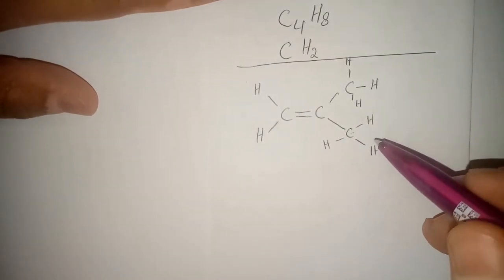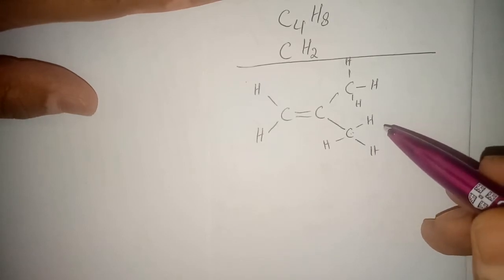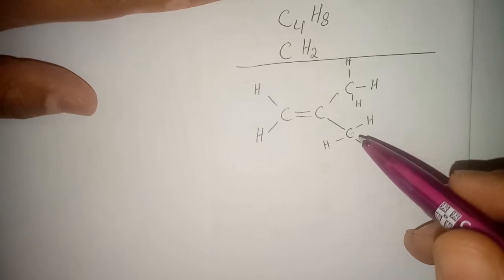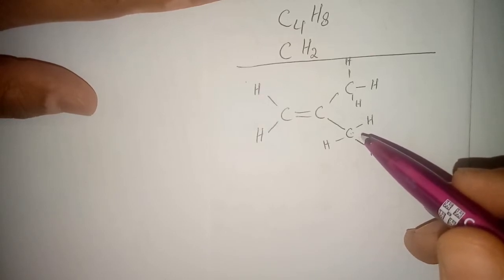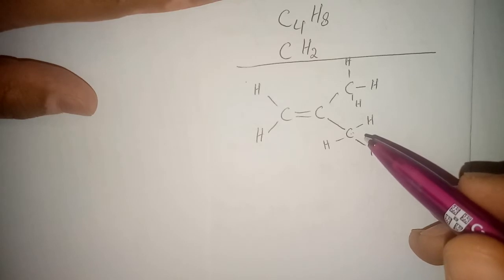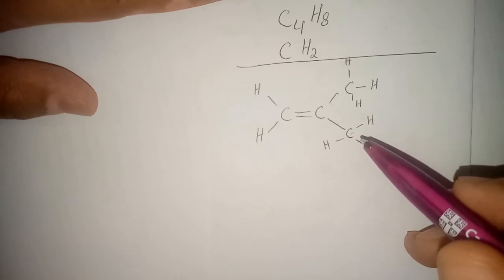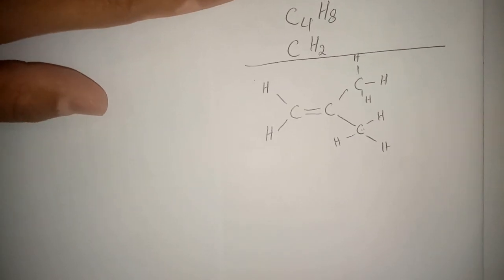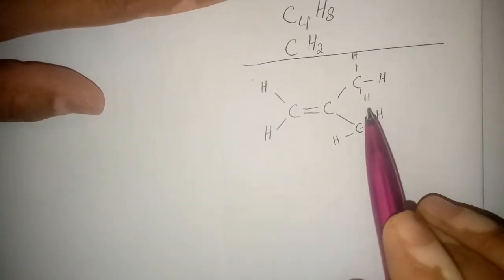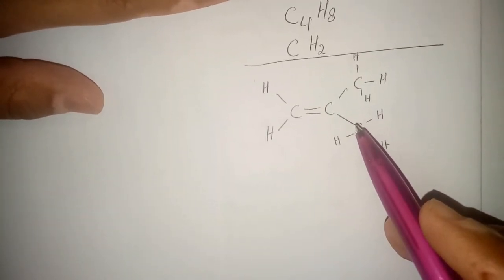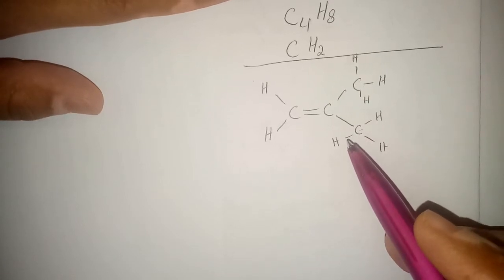molecule. So first thing is first, you first have to choose the long chain of the carbon atoms, and remember that in mind, that long chain must contain the carbon to carbon double covalent bond. So by selecting the long chain of the carbon atoms, you must remember it must contain the carbon to carbon double covalent bond.